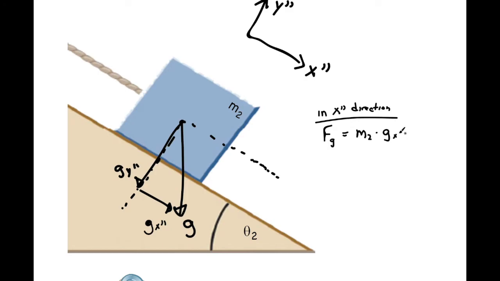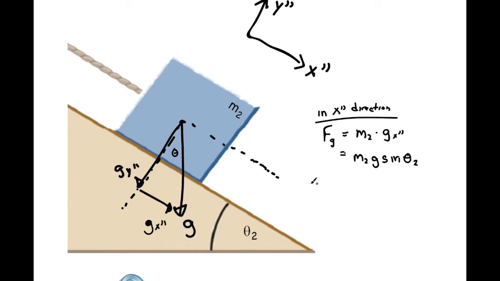We have m2 g x double prime, which is equal to m2 g sine of theta 2, by the same logic we did before. This angle is the same as this angle, and so sine of theta 2 is the opposite over the hypotenuse, g x double prime over g. So g x double prime is g sine theta 2.